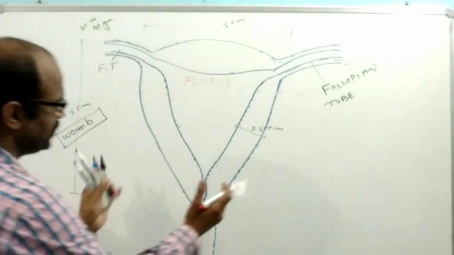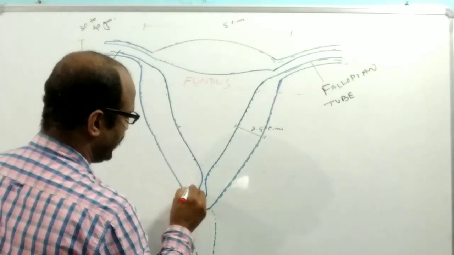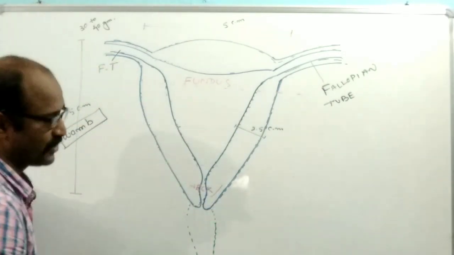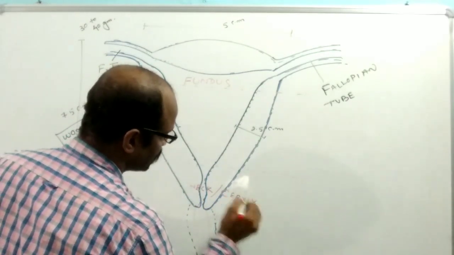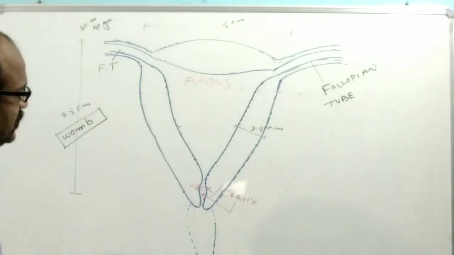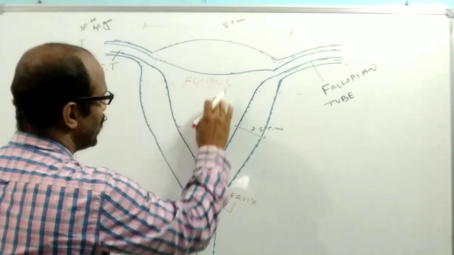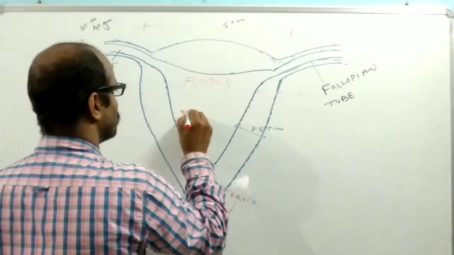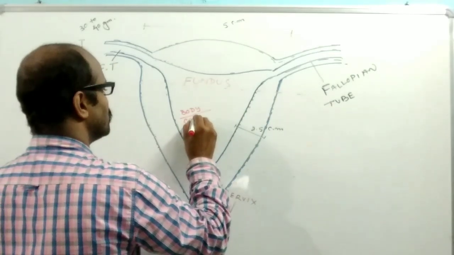The lower region, which is the constricted region, is known as the neck or cervix. And the middle portion, which is triangular in shape, is known as the body or corpus.